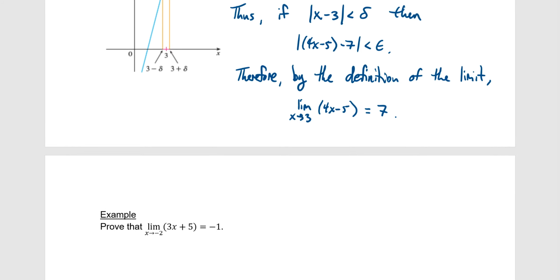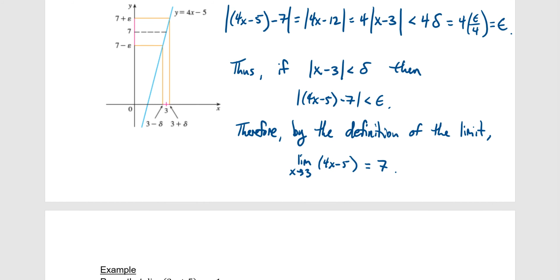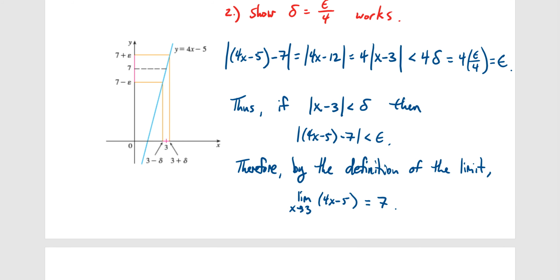Okay, let's take a look at the graph now just so we can make some sense of it. So here's the graph of 4x minus 5. We know that that's a linear function, so it's just a line. And we have our limit of 7, and then we have our limit plus epsilon and our limit minus epsilon. So we have a distance of epsilon here and epsilon here. And then what we did is we go back over here to find their corresponding x values.